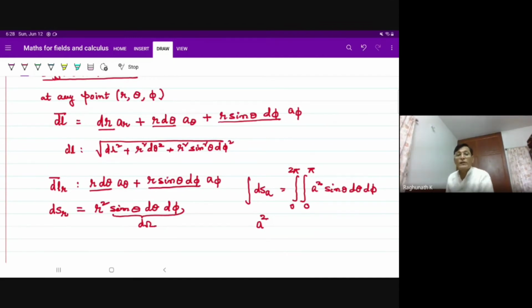Then sin theta d theta from 0 to pi is what? Minus cos theta from 0 to pi is 2, correct?